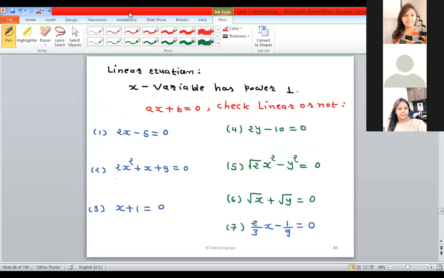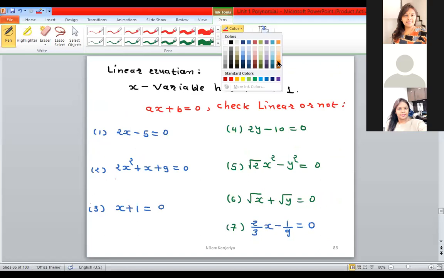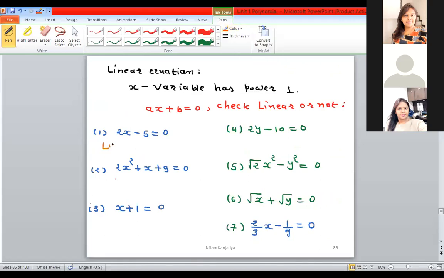Second is not linear, because x has power 2. Right, it's a non-linear equation.